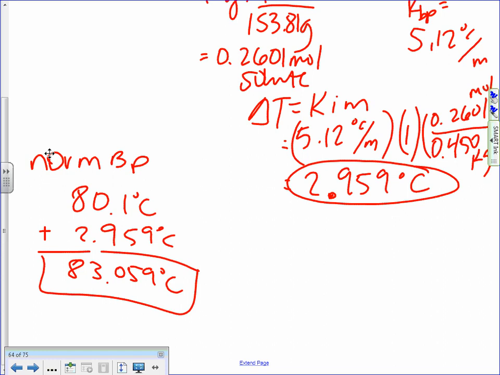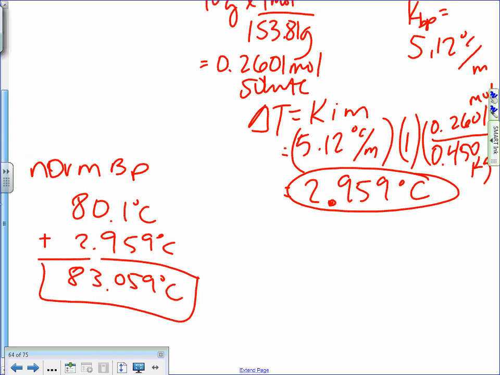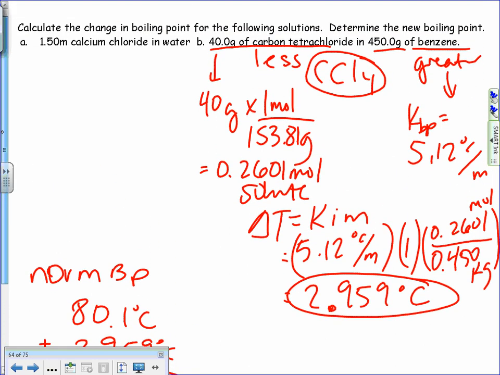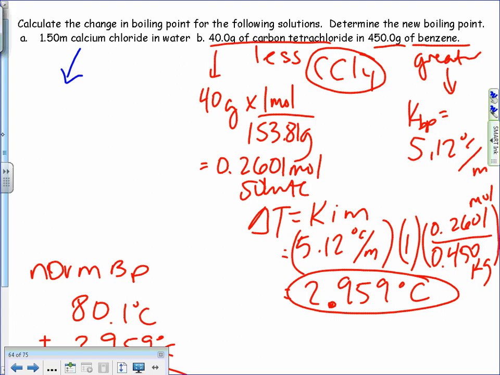Do I need to go over A as well? 11A right now? We'll just basically set it up. It's going to be delta T is equal to water's boiling point elevation constant, 0.512. Is that water's boiling point elevation constant? Thank you. I always get benzene and that one mixed up because they're so similar.